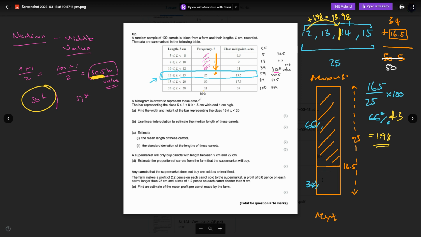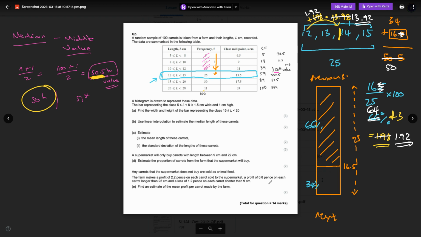If I go with 50, because we're not including the last values, let's say 50 is the middle part, then 50 would make this number 16, and 16 would make this change as well. 16 divided by 25 will come to 64%, and then 64% times 3 will come to 1.92, so this will be 13.92, which is the actual length.